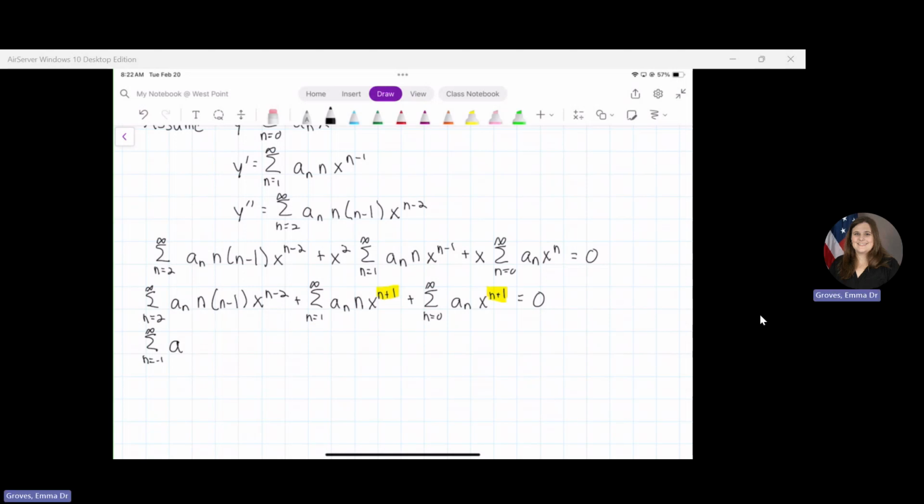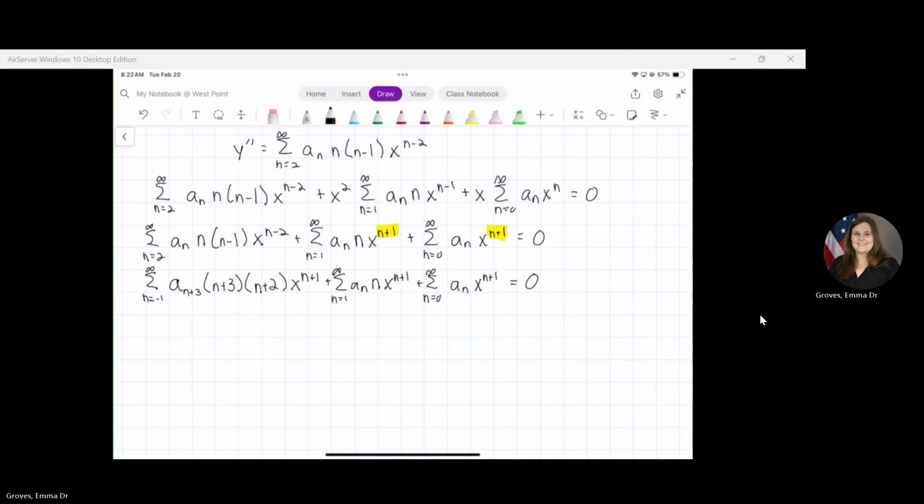So I've got a_(n+3), (n+3), (n+2), x^(n+1), plus the sum n equals 1 to infinity, and those other ones aren't changing yet.